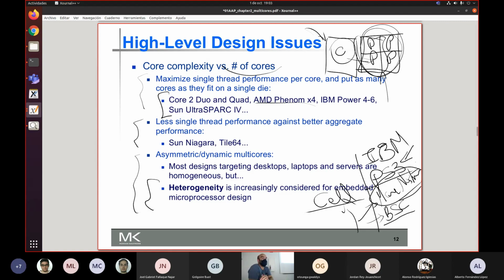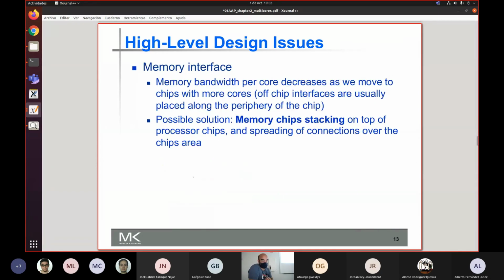And the idea is that we are going to have different kinds of cores, some simpler and some more complex, dedicated to different tasks. Okay. Regarding the memory interface, as you can imagine, for instance, the processor that I have in my desktop computer has 12 cores.